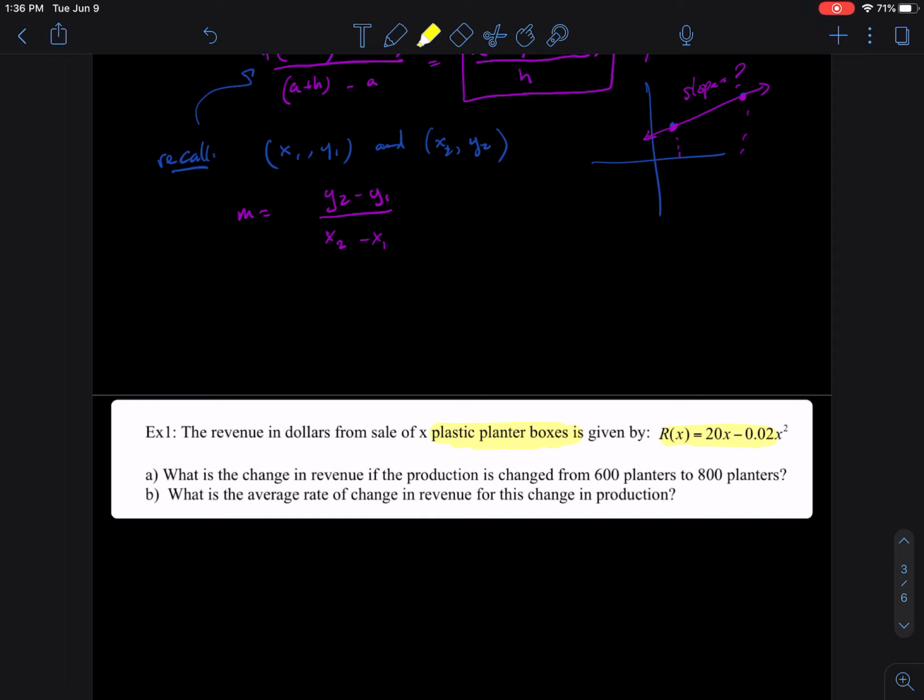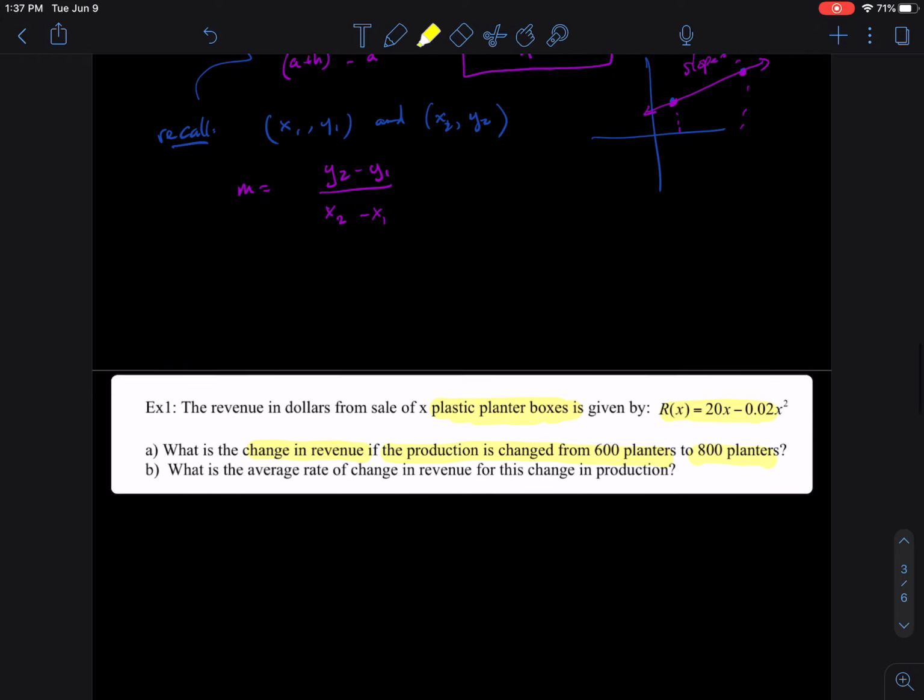A is asking: what is the change in revenue if the production is changed from 600 to 800 planters? So if we produce 600 planters currently and then we go up by 200 planter boxes, what will be the change in revenue? Let's go ahead and do that.